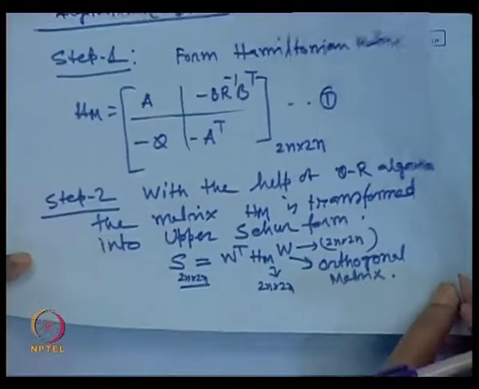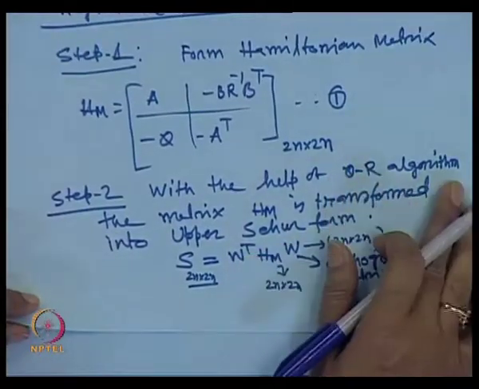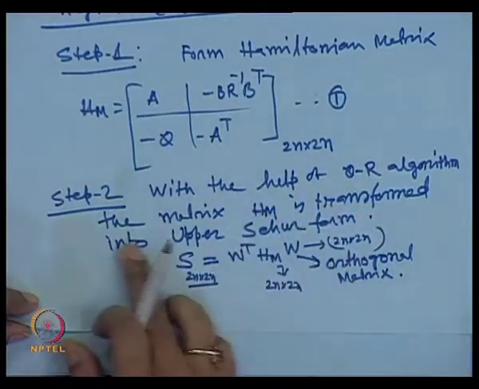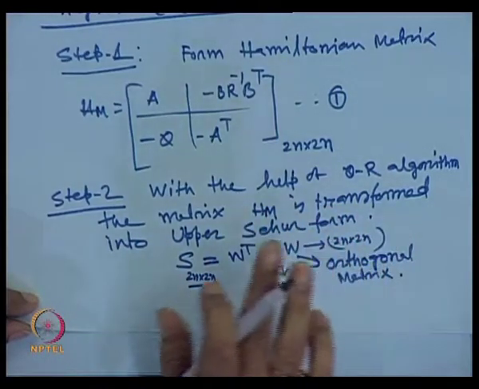Then with the help of the QR decomposition technique or algorithm, we convert HM into upper Schur form. What is upper Schur form?